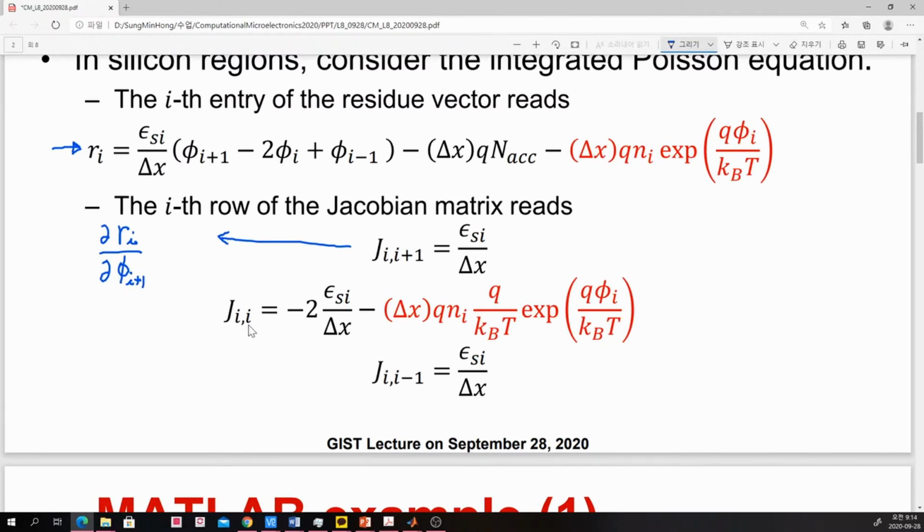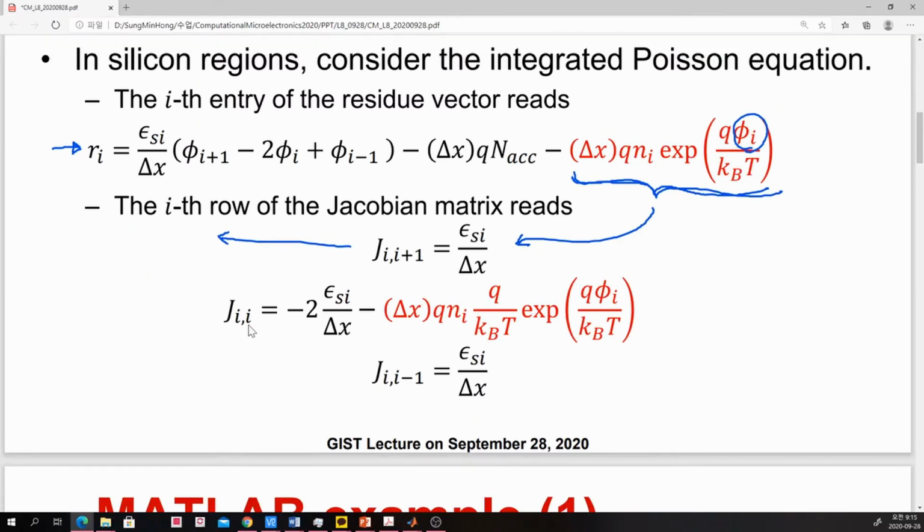As you can see, here we have a partial derivative with respect to phi_{i+1}, and the newly added term depends only on phi_i. So this red colored term does not contribute additionally to the Jacobian matrix. So here we have no contribution. It is quite easily understood.